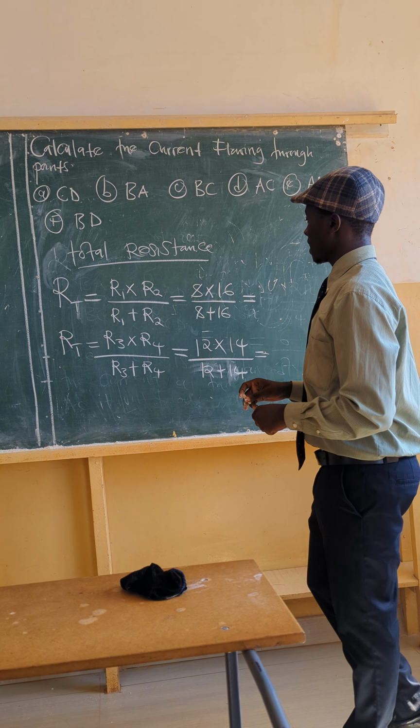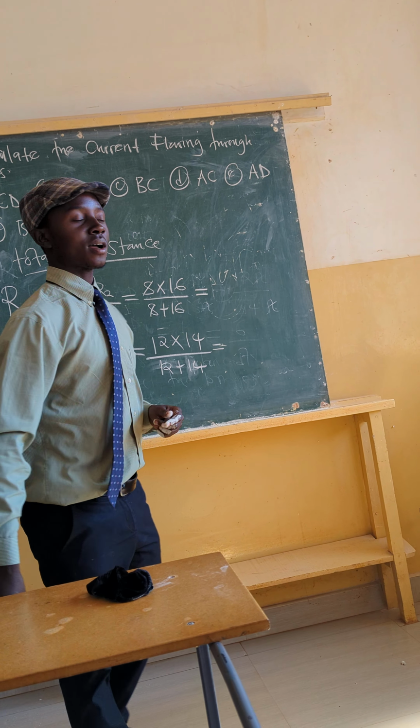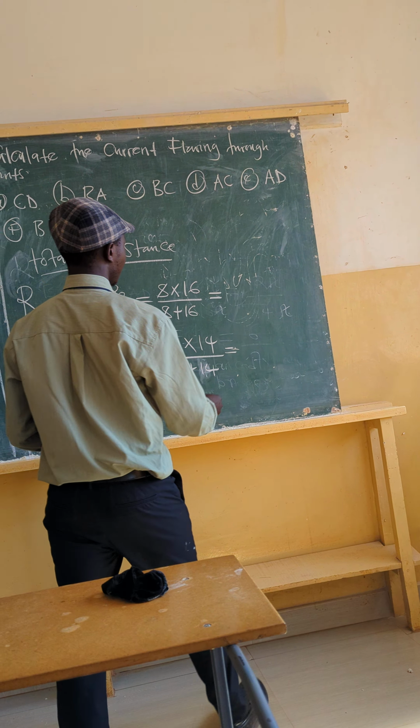When we multiply 8 times 16, we get 128 over what is 8 plus 16? We get 24. Now we divide 128 by 24, and we are getting 5.33 ohms. So this is for the first branch B, A, C, B.